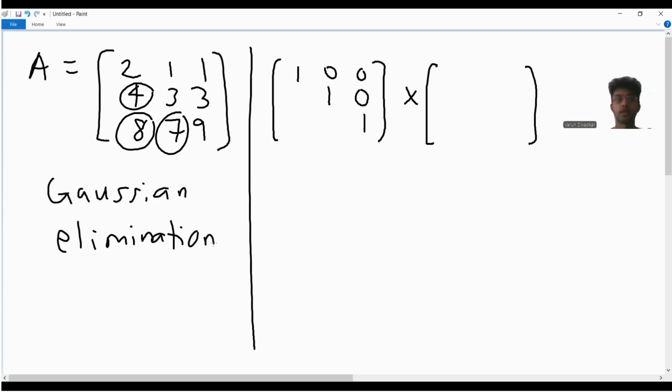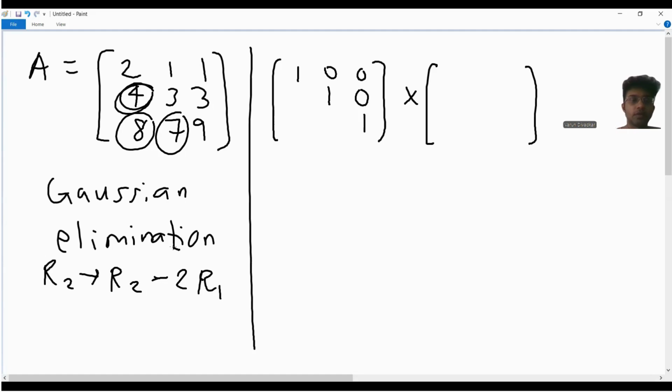How do we do that? To make this thing 0, we perform row 2 transforms to row 2 minus twice row 1. If you want to know what Gaussian elimination is, watch my separate video on that topic, and that will make things clear.